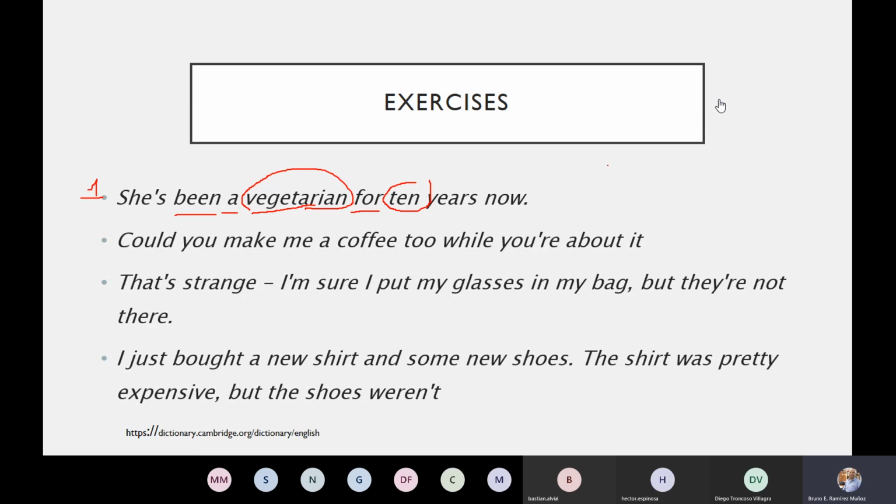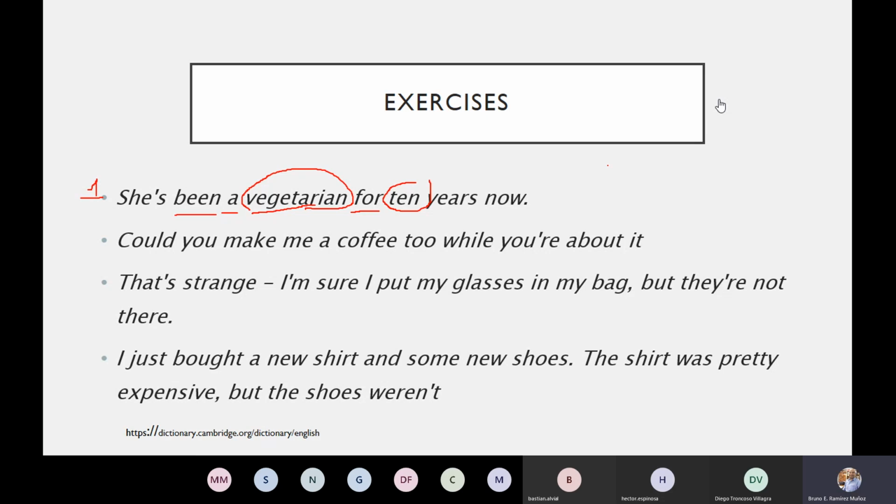And then "a" is not "A coffee," but with a schwa. "Too" is not usually stressed. I mean, the strong form is not the one generally used, but the weak form instead of "too." But here, could you make me a coffee too?